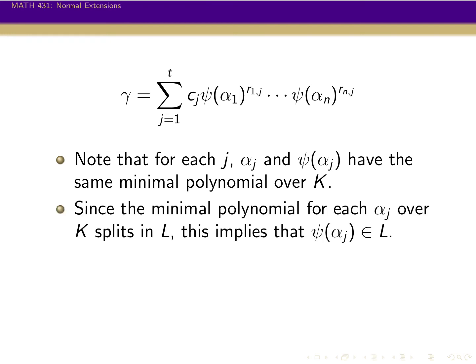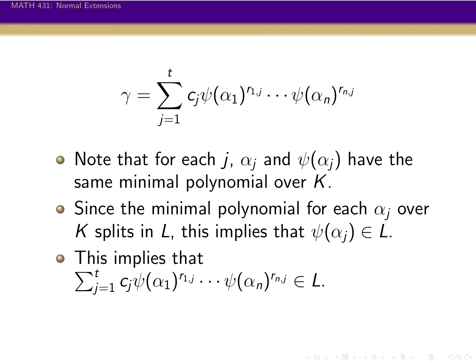And so since alpha j and psi of alpha j both have the same minimal polynomial over k, and that minimal polynomial splits in L, that means that psi of alpha j is going to be inside of L for every j.